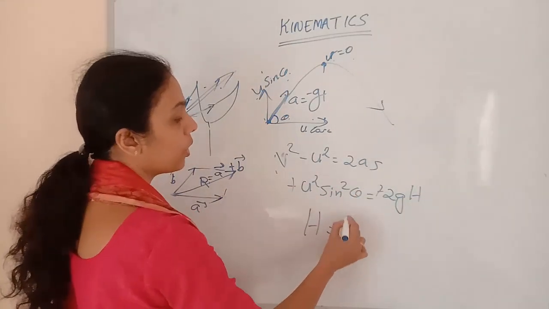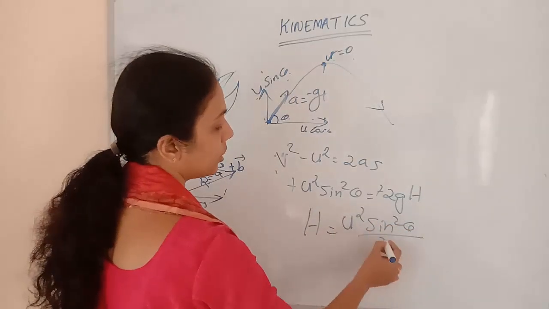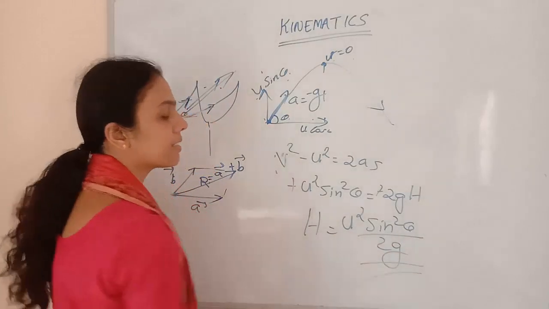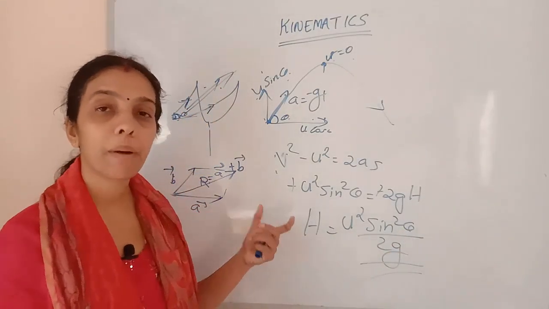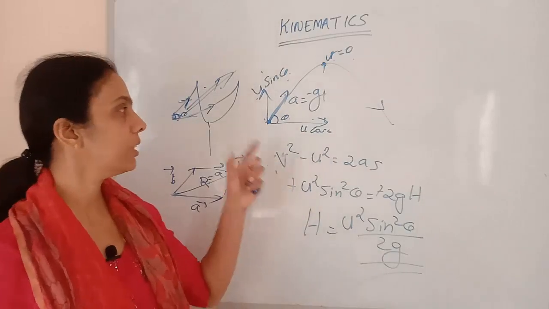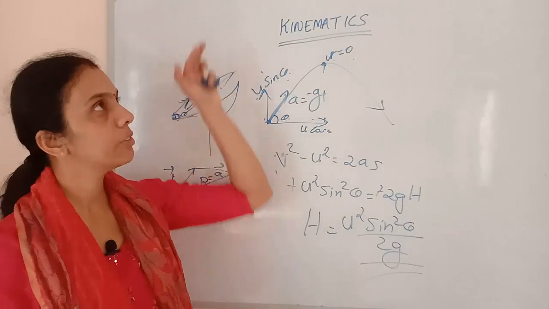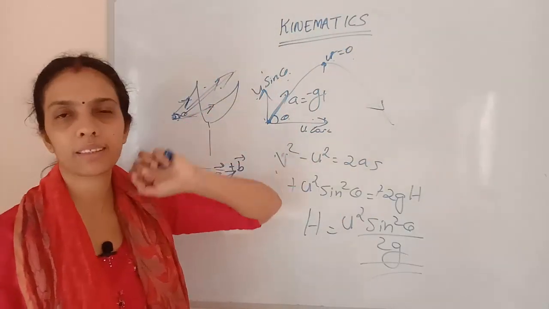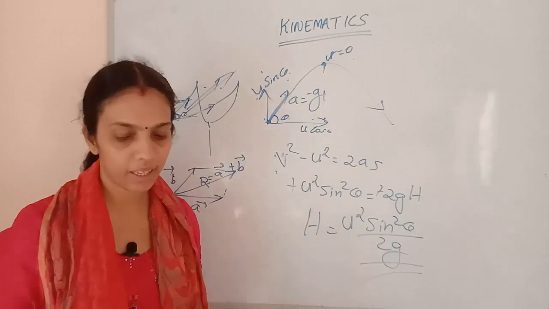H is equal to u square sin square theta divided by 2g. This is the formula. This is how we find out the maximum height of a projectile. Since the stone is thrown from a particular point, it will go to the maximum height and come back, isn't it? So it is a projectile. You should write down this formula and derive.